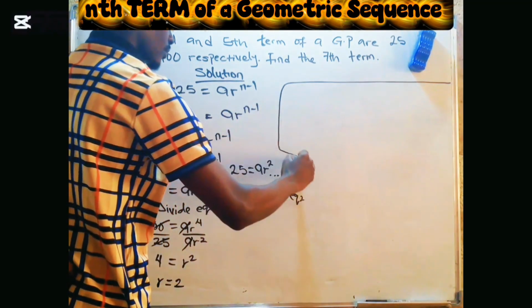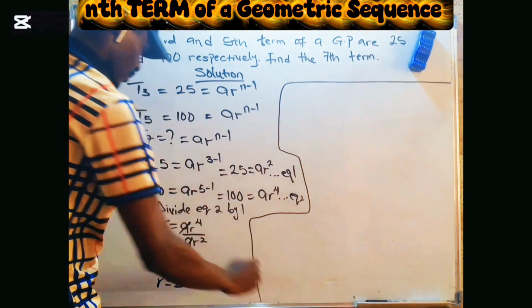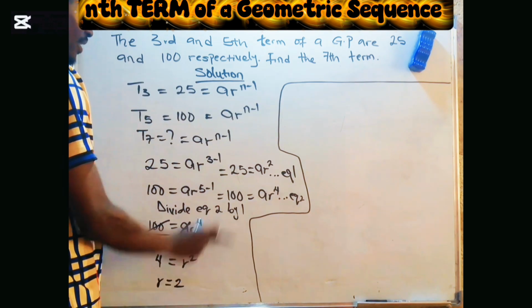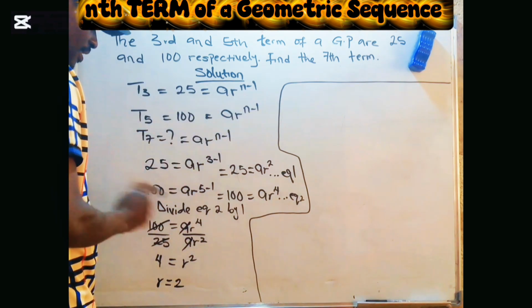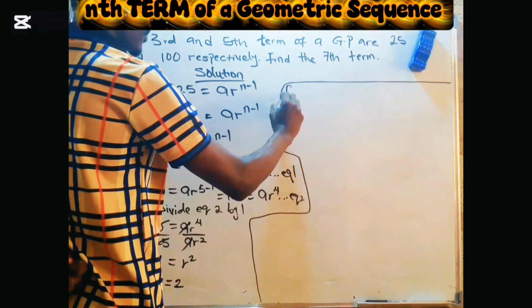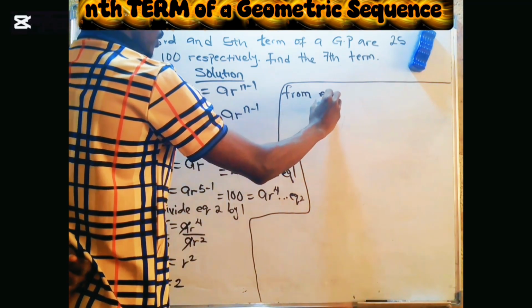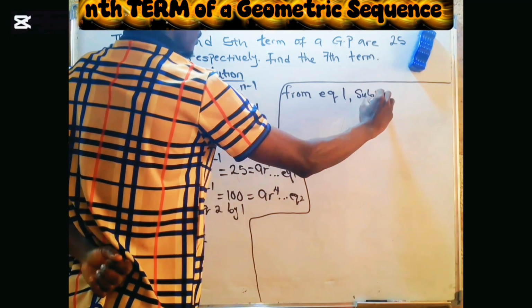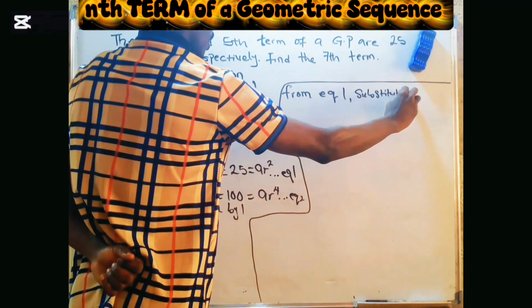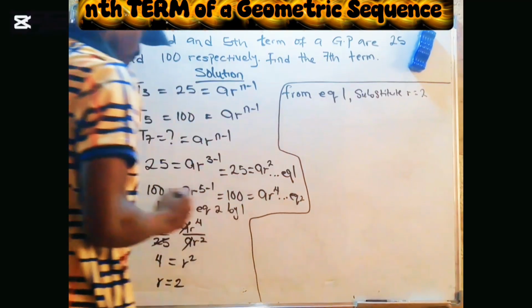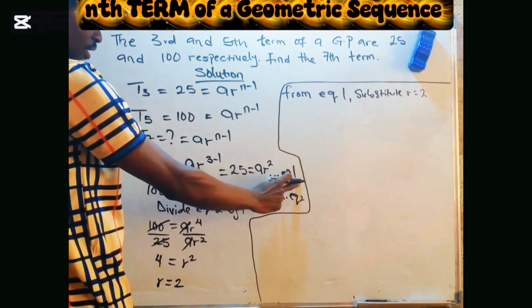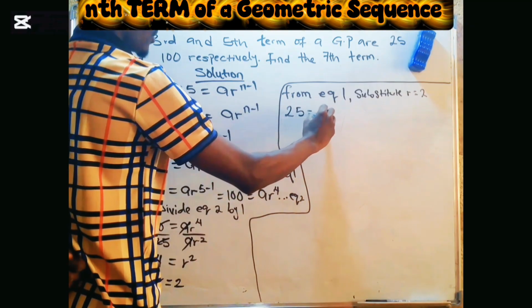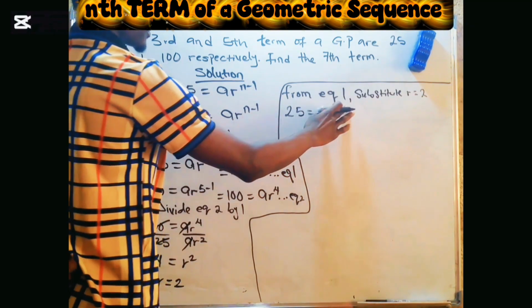If R is equal to 2, let's find A. From equation 1, substitute R equals 2. Equation 1 is 25 equals AR squared.